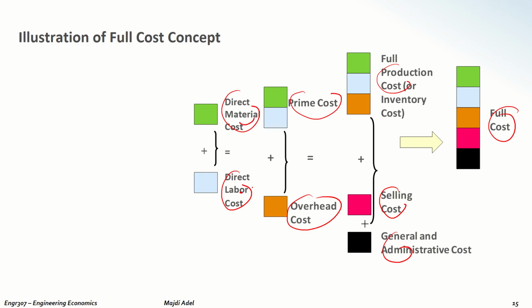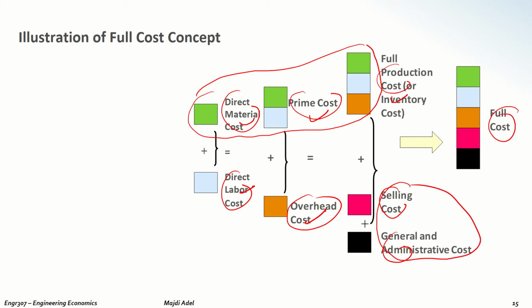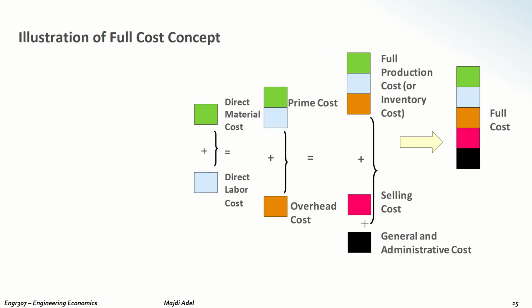Direct material, direct labor, prime cost, manufacturing overhead, full production cost, which is the production cost, and we have selling cost and administrative cost. This is the product cost, and this is the non-manufacturing cost.